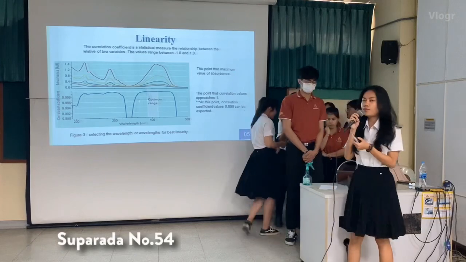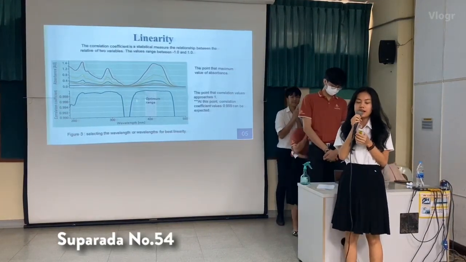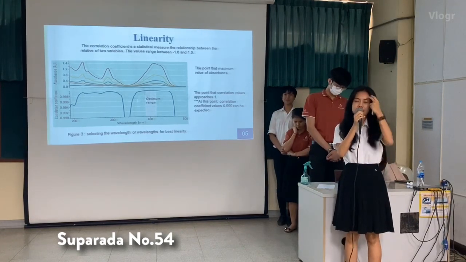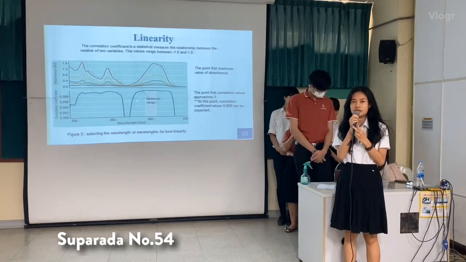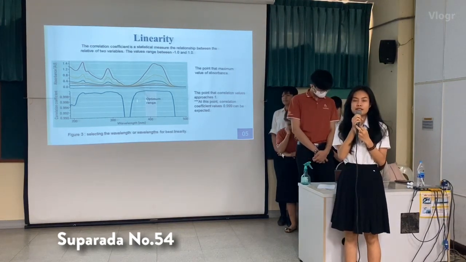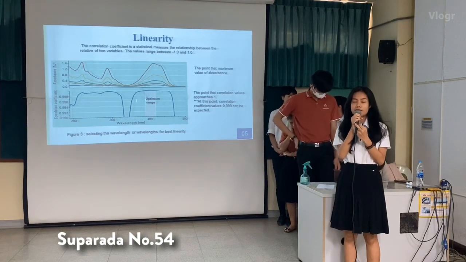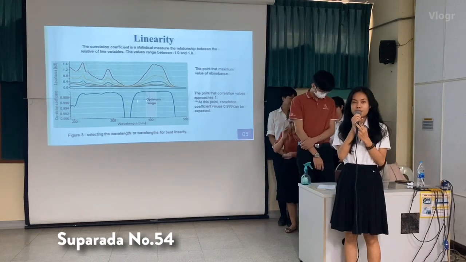Okay, let's move on to how to select the wavelength for best linearity. When you want to find a wavelength that gives the best linearity, you should follow the correlation coefficients. The correlation coefficient is used to estimate the fit of the standard graph, with a range of values from -1 to +1.